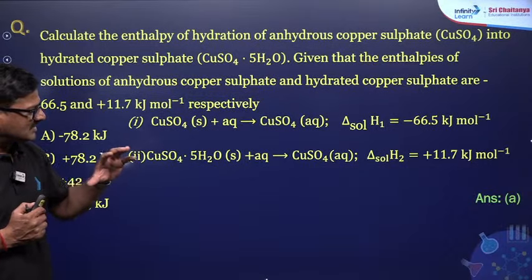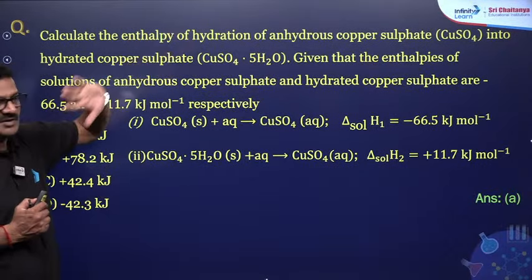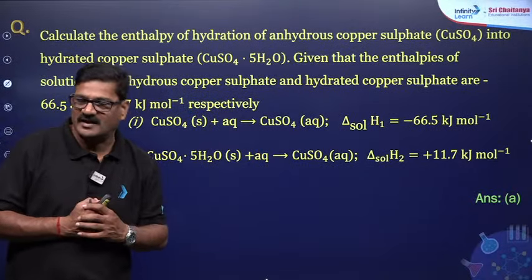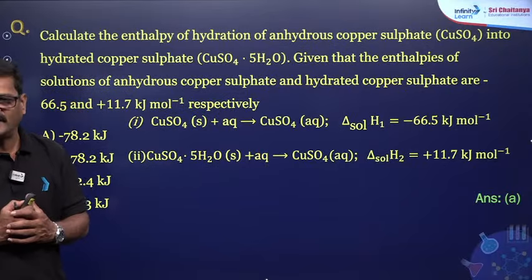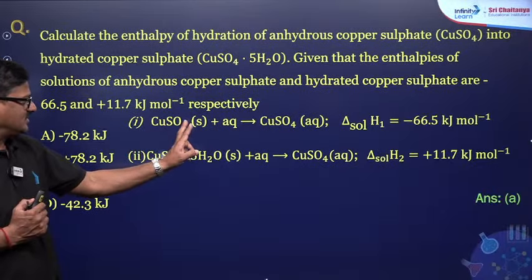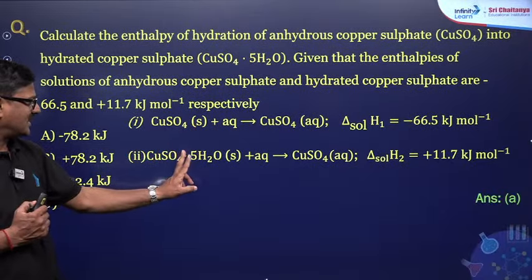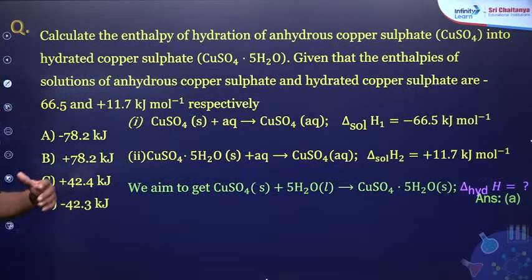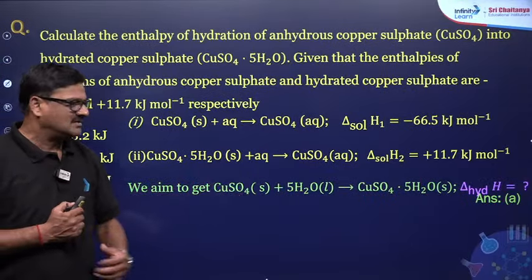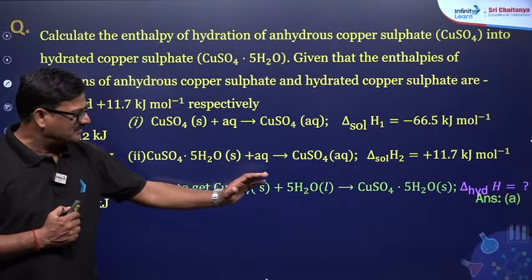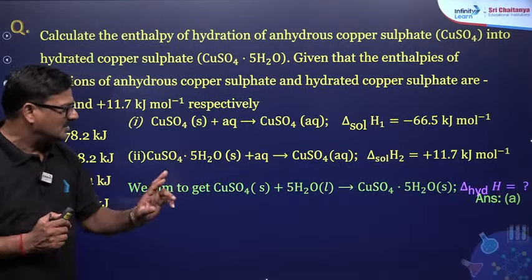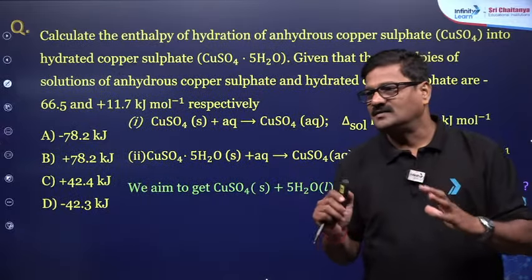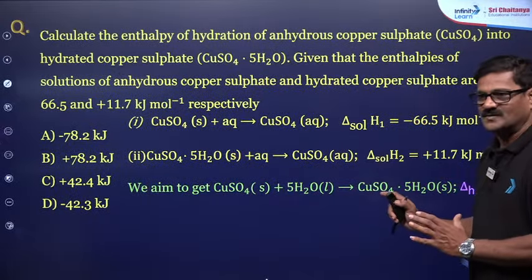This question is asking how much energy is needed to make copper sulfate pentahydrate from copper sulfate. Simply take this into the second equation, reverse it and write it. So we aim to get copper sulfate solid plus 5H2O giving copper sulfate 5H2O. How much will this enthalpy of hydration be? That we have to understand.